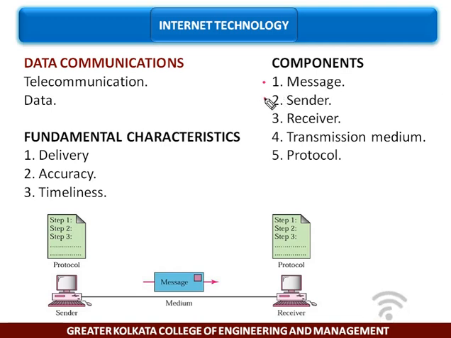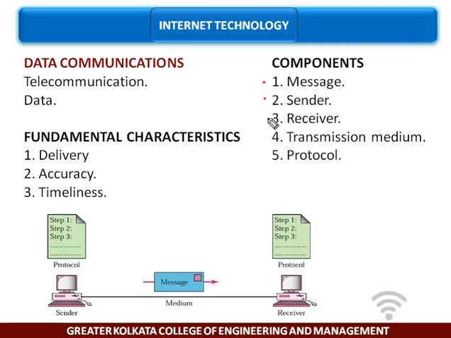Next is the sender. The sender is the device that sends the data message. It can be a computer, a workstation, a telephone handset, a video camera, and so on. Many types of sender are there.